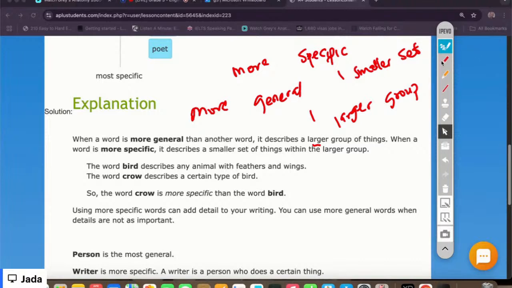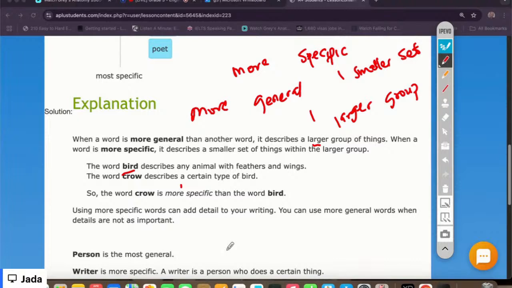So, for example, we have the word bird, which describes any animal with feathers and wings. The word crow describes a certain type of bird. So you can see that the crow is more specific than bird. Bird is more general because it's talking about all the birds, and crow is more specific because it tells us that it's a certain kind of bird.